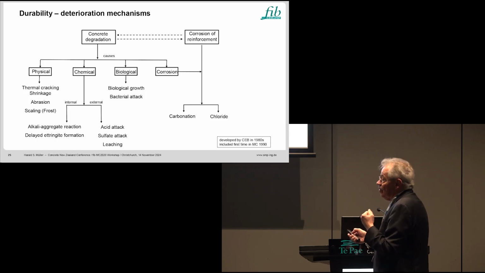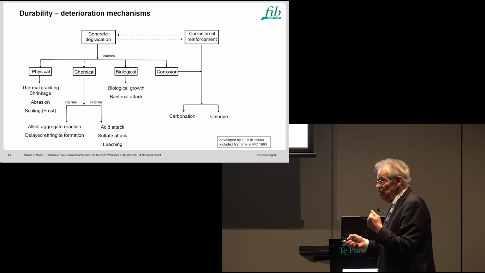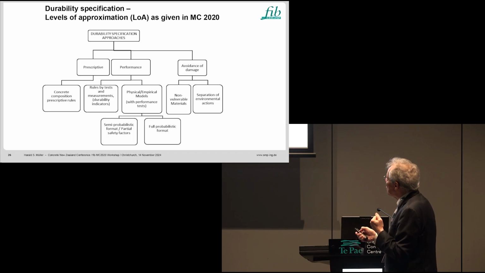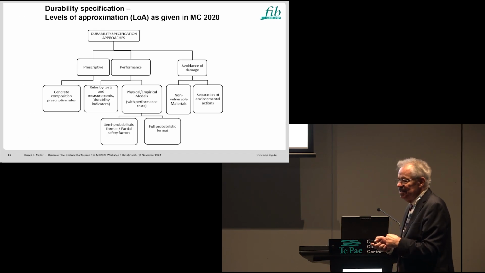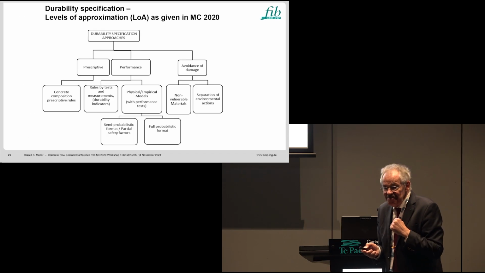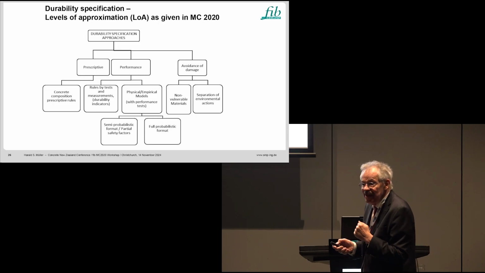Well, and after a long discussion, a couple of years, we finally ended up with this kind of diagram, and if you have it, it is very simple, but if we don't have it, it's a big problem.